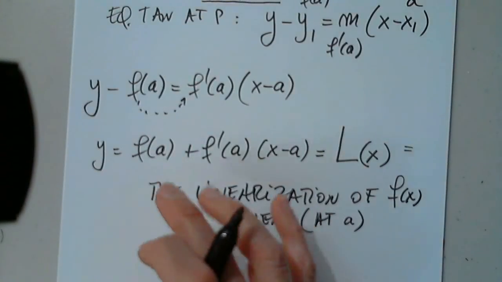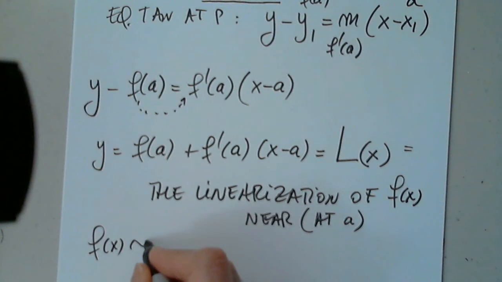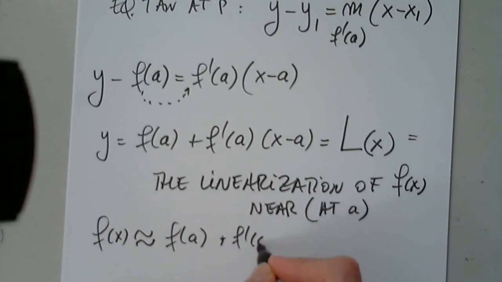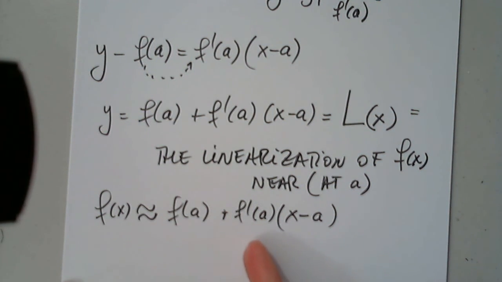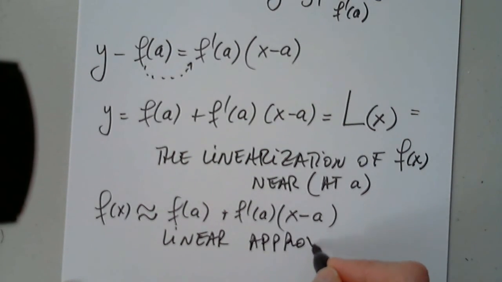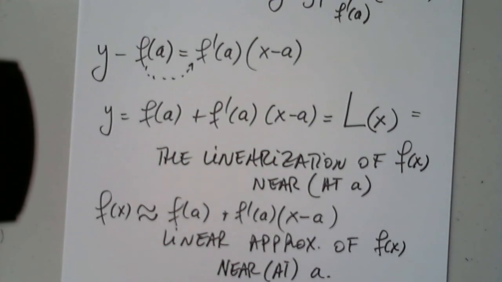So this is f of x, approximately f of A plus f prime of A times x minus A, because this is our function, not the linear function, right? Our function can be approximated, so this is the linear approximation of f of x near or at A.